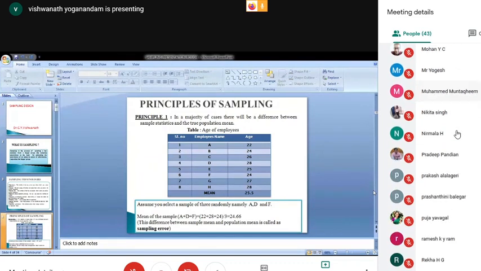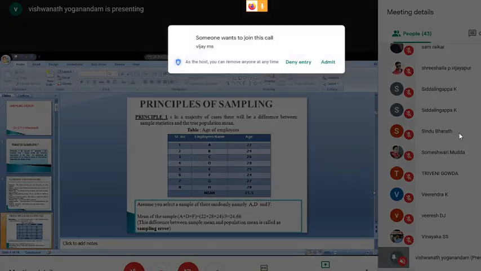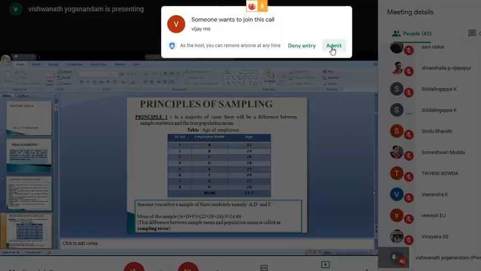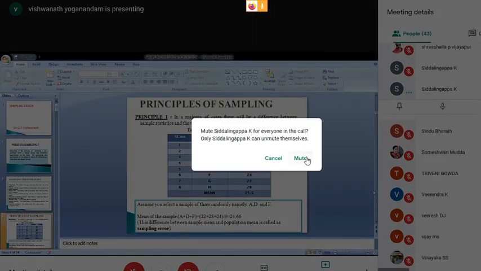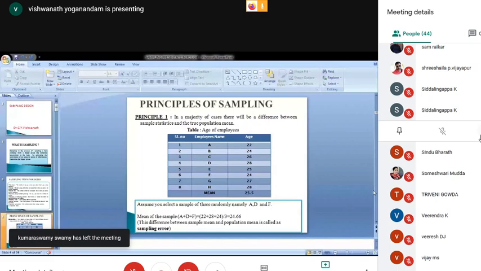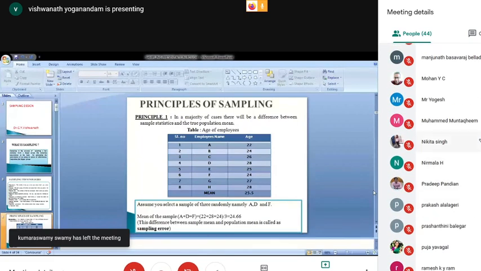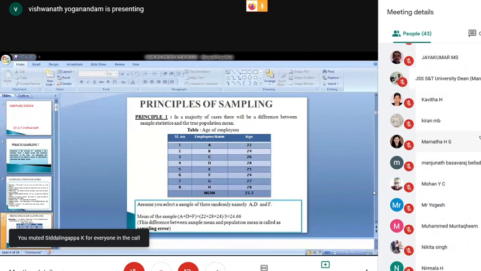So I have tried to show this using this slide. You can see age of employees. Assume there are 8 employees in the department: A, B, C, D, E, F, G, H. And the ages, say between 22 to 28, are differing.